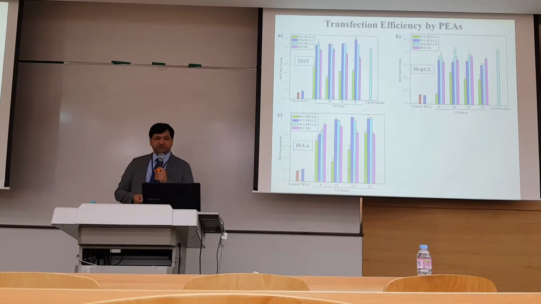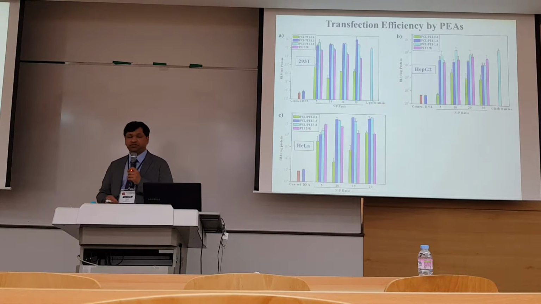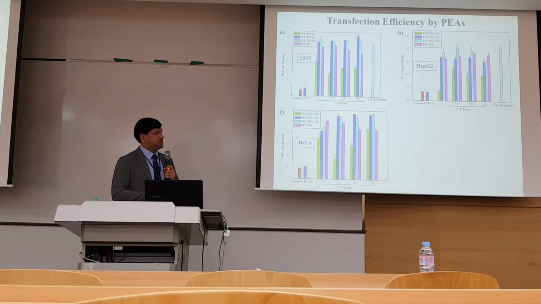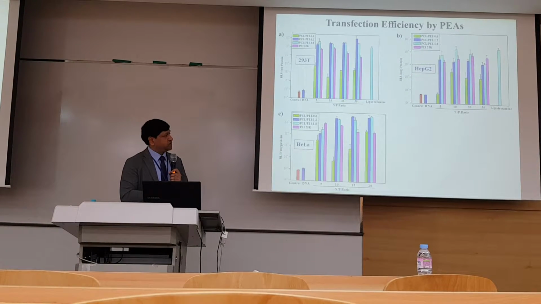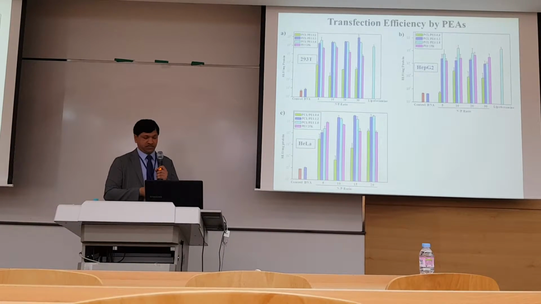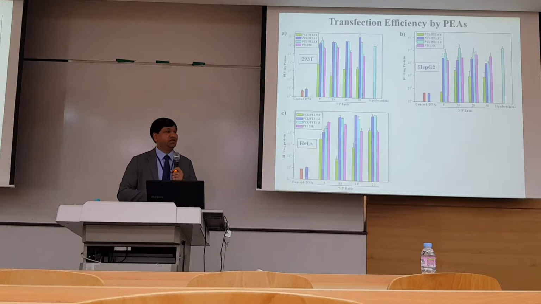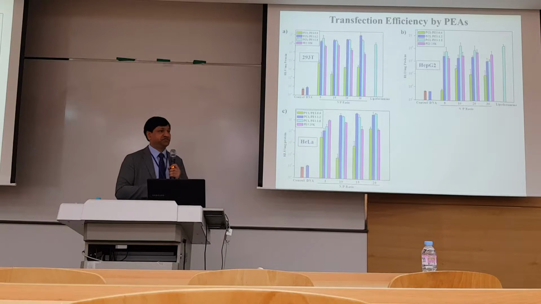Then we checked the transcription efficiency using pGL3 as a reporter gene. By luciferase assay, we checked the RLUs per milligram of protein, and we can find that in 293 cells, HepG2, or even HeLa cells, all the 3 cell lines, the polymer showed a much better transcription efficiency compared with this pink bar, polyethylenimine 25 kDa, as a positive control, because that is the highest transcription efficient polymer.